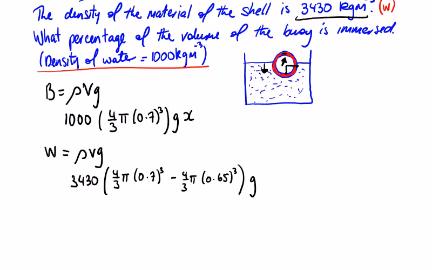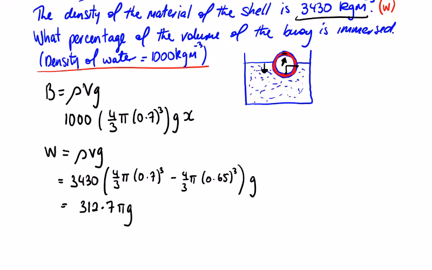And if we type that into our calculator in terms of pi g, we will get 312.7 pi g.